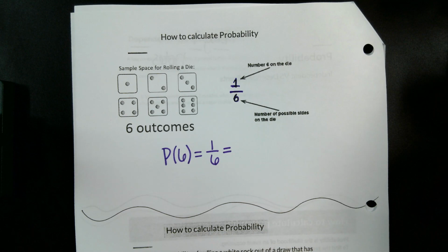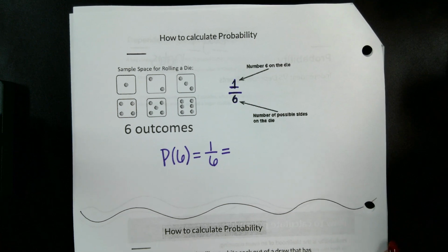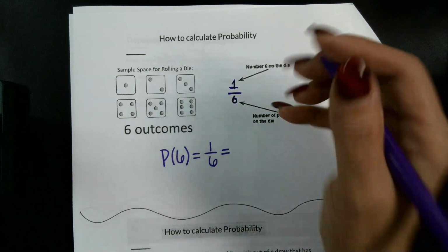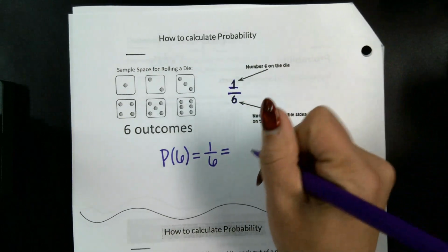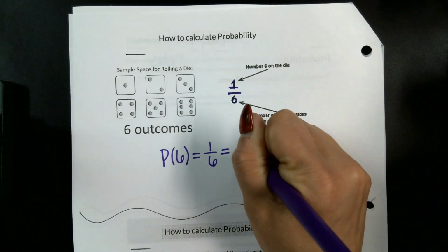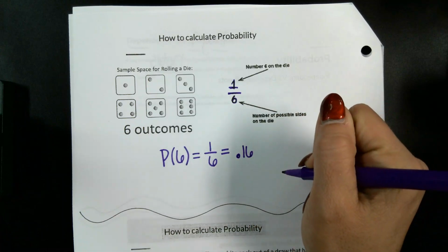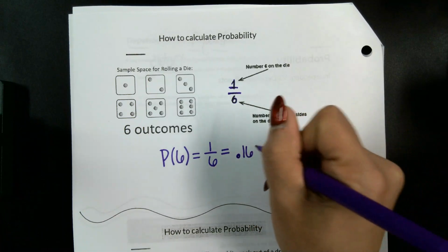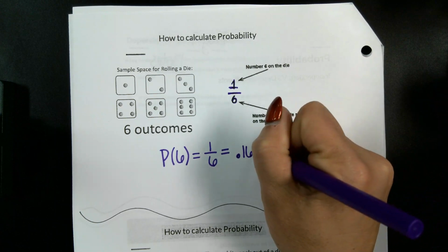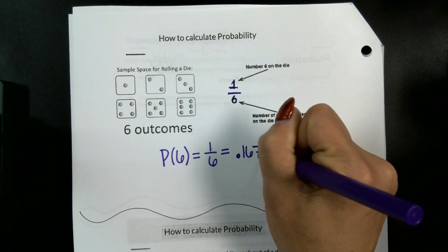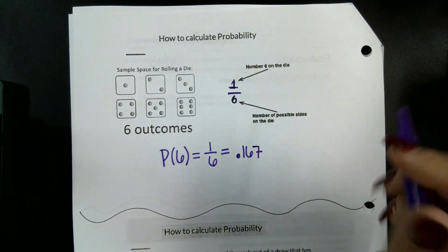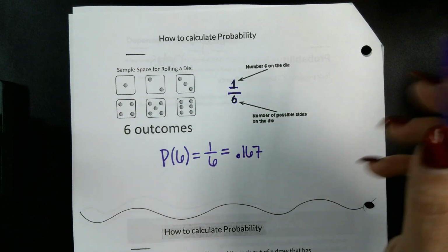And then with your calculators, I would like you guys to go ahead and do that division for me. So just type in 1 divided by 6, and we are going to round to the nearest thousandth. So we're going to carry this out 3 digits. What is it? Point. Okay, so the third 6 would make the second 6 a 7.